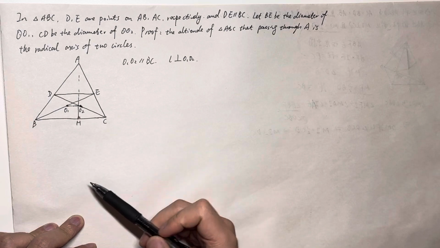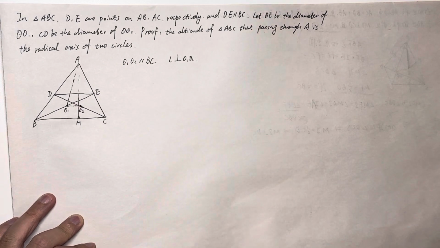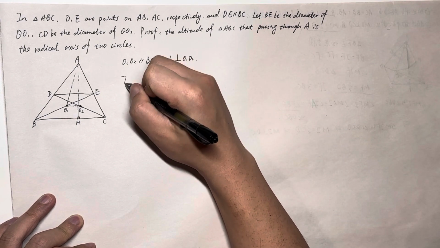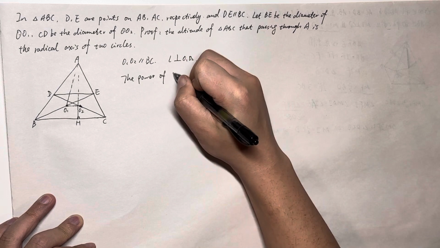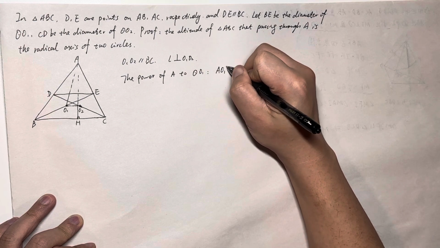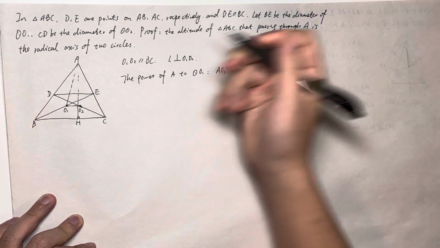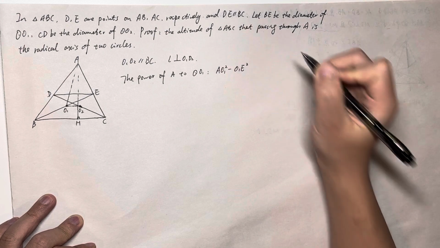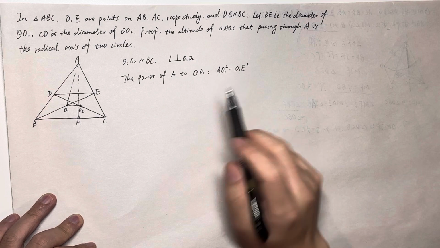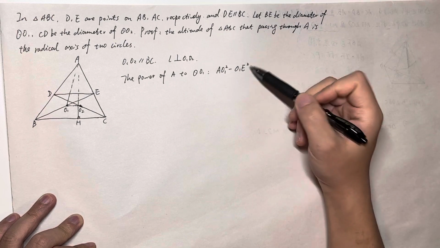Obviously, A would be easier because when we connect AO1, the power of A to circle O1 we can write as AO1 squared minus R1 squared, which is O1E squared. That's the power from a certain point to a circle, and we can represent it by this formula.